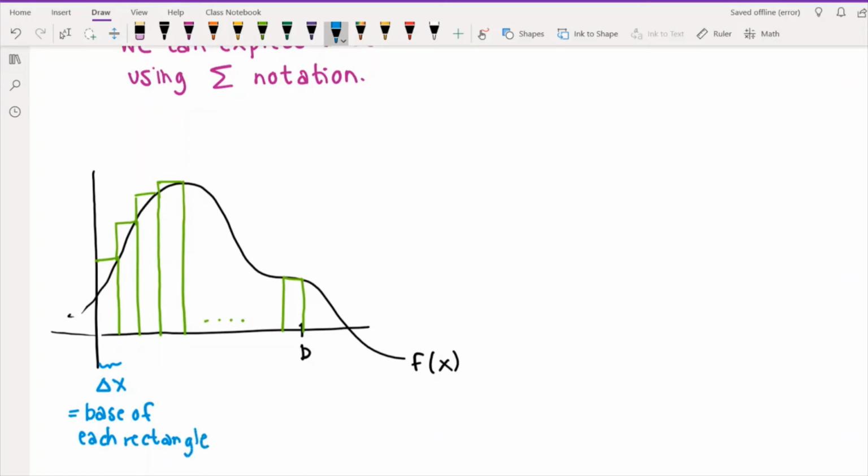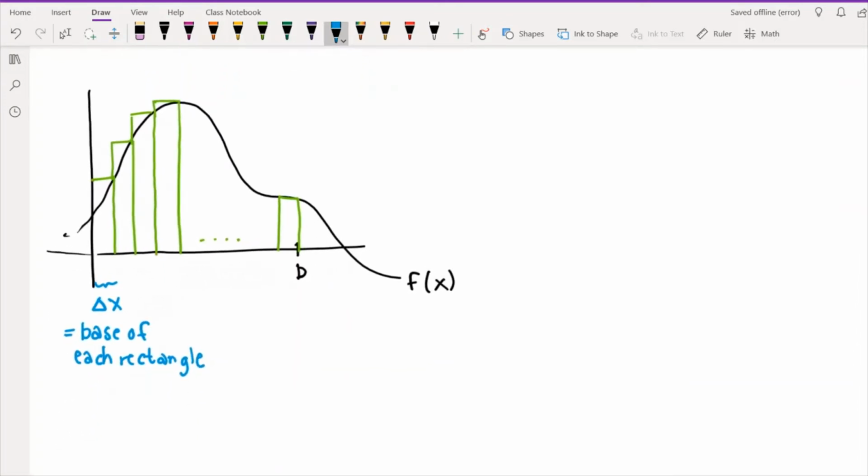You've probably seen that symbol come up in your Calc 1 class, and it comes up a lot in science classes. The delta symbol means change. So delta x, usually it's meant to represent a small change, a small change in x. When you're doing this kind of process, you're going to get a better approximation the smaller the rectangles are, the more narrow they are, right? And so that's why we use this delta, because usually we're representing a small change in x to give you a narrow rectangle so that you have a lot of them.